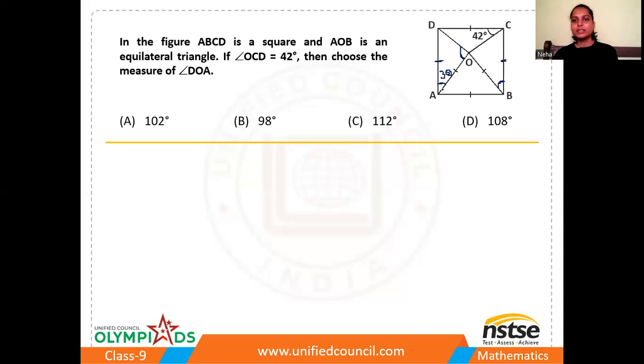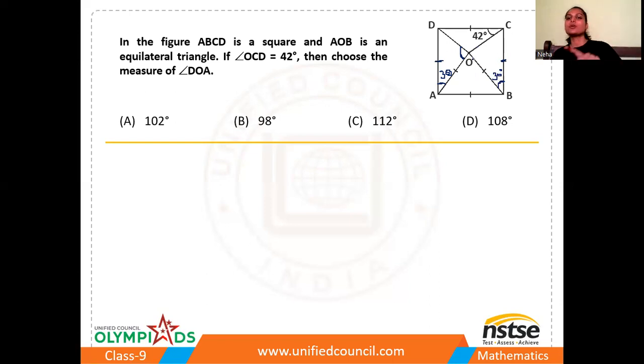Because this angle is 60 degrees, and this angle is also 60 degrees. Angle AOB is 60 degrees, so angle OBA is also 60 degrees, because these are angles of an equilateral triangle. So if this is 30 degrees, this is also 30 degrees, so these angles are also equal. Now we can see that these two triangles are congruent to each other.